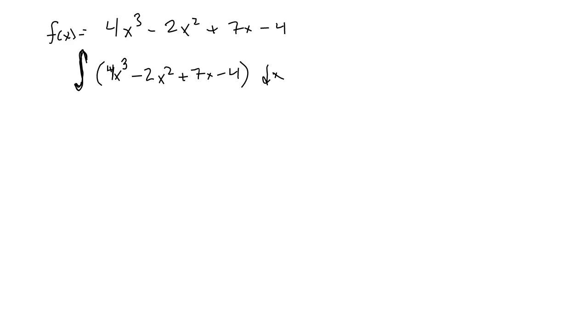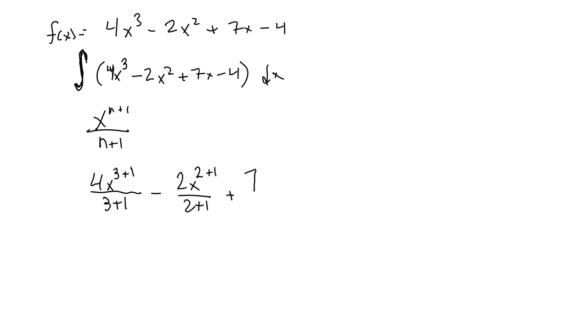So, okay, I'll do this. This is the power rule. Do that for each term. So for the first term, it's going to be 4x to the third plus 1 over 3 plus 1, minus 2x to the 2 plus 1 over 2 plus 1, plus 7x, that's the first, plus 1 over 1 plus 1.